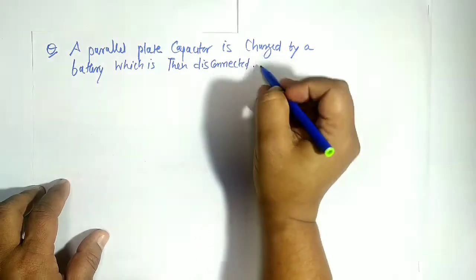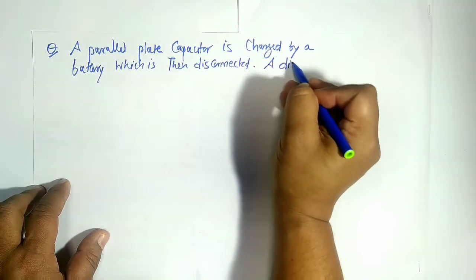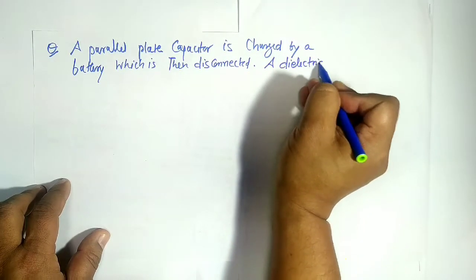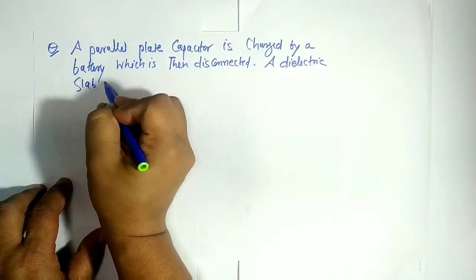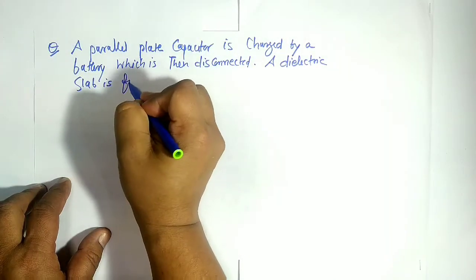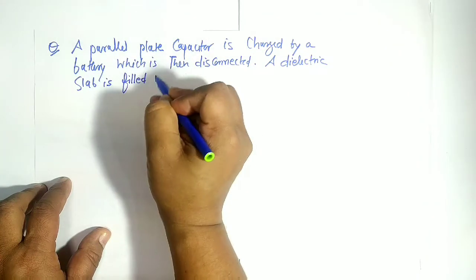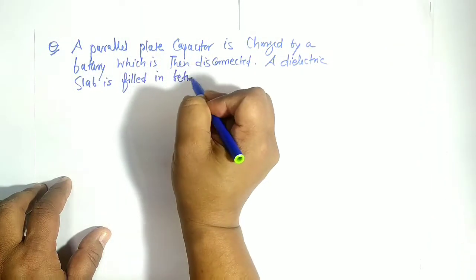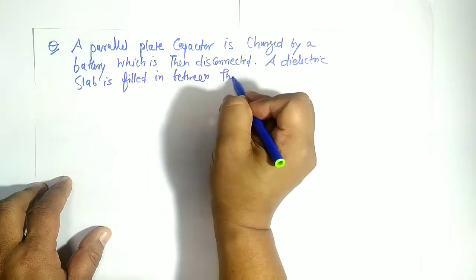After disconnecting, a dielectric slab is filled in between the plates of the capacitor.